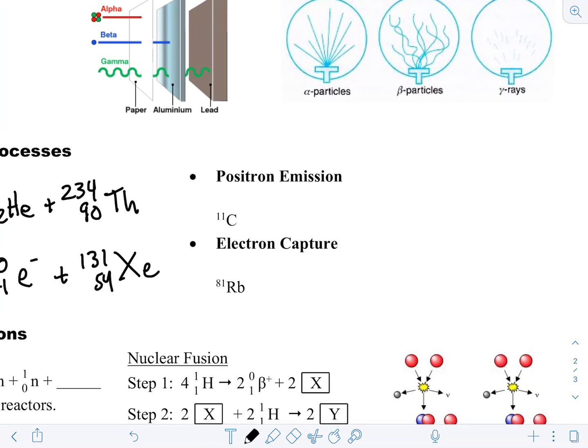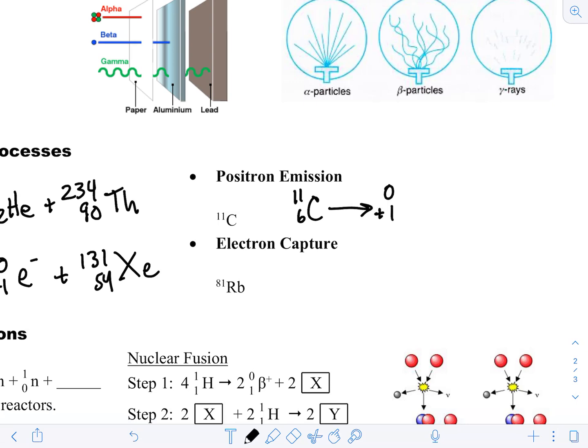Now the next one is positron emission. So notice we're starting with not carbon 12 but actually carbon 11, and when you look for its atomic number, it's 6. Now a positron, because it's the size of an electron, has a mass number of 0.